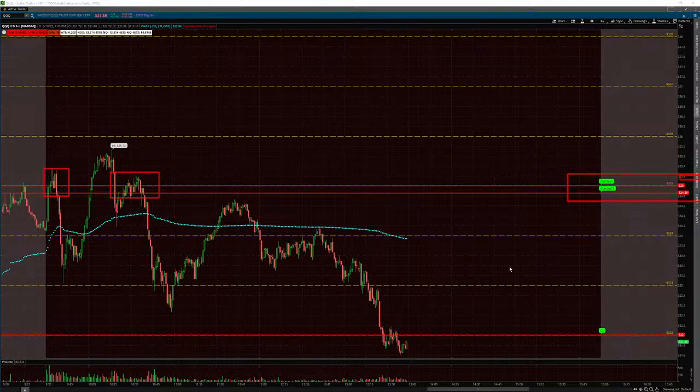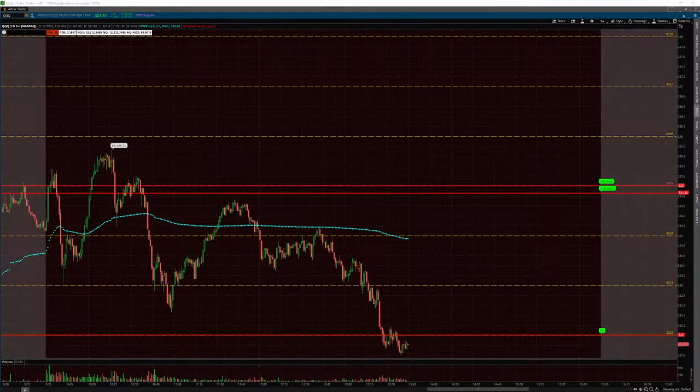And now QQQ is trading down to the 322 large gamma 1 level. And that level 322 has been important. It was in play yesterday. All right, so those are the levels.